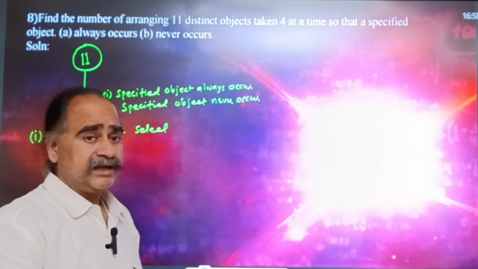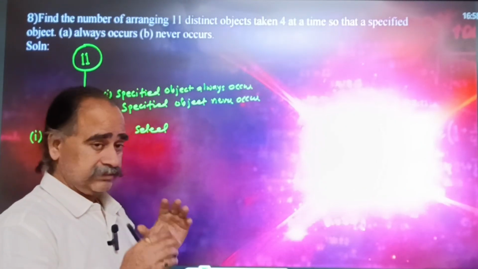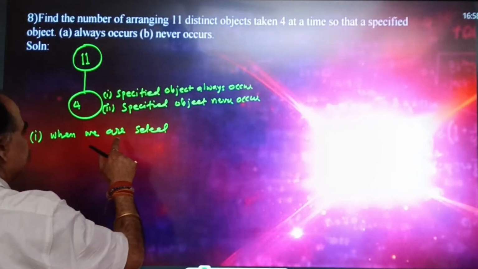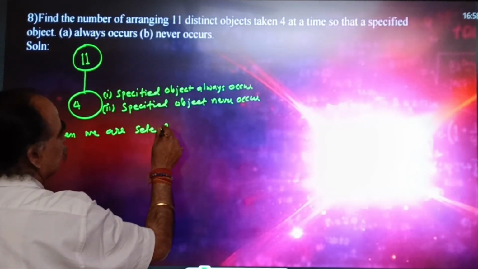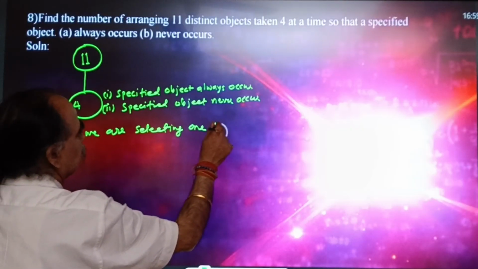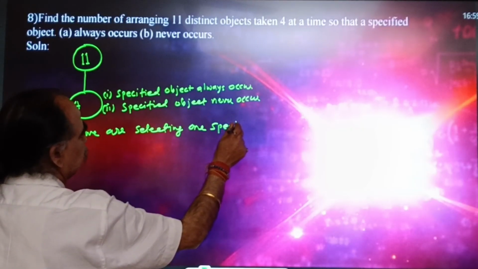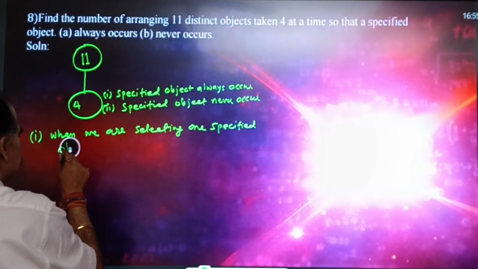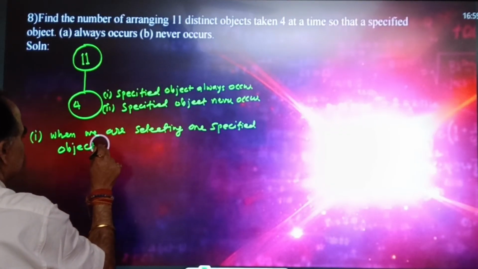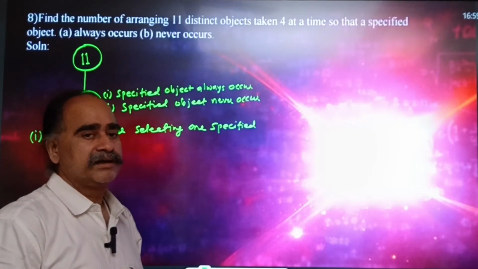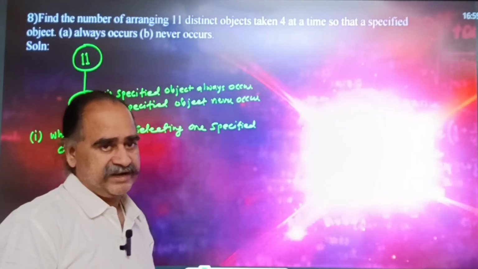First we need to select, and after selecting, then we will be arranging them. So when we are selecting one specified object, that means we have to take it through the backdoor entry. We will not go according to the combination way.